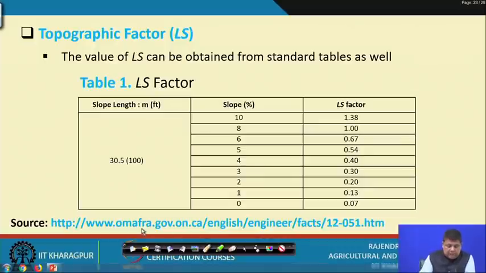Here I have used this reference for producing these tables, where the LS factor has been tabulated for different slope lengths and for different slope percentages and the recommended value. So, if slope length is 30.5 meters or 100 feet, then for different slopes starting from 0 to 10%, these are the values.